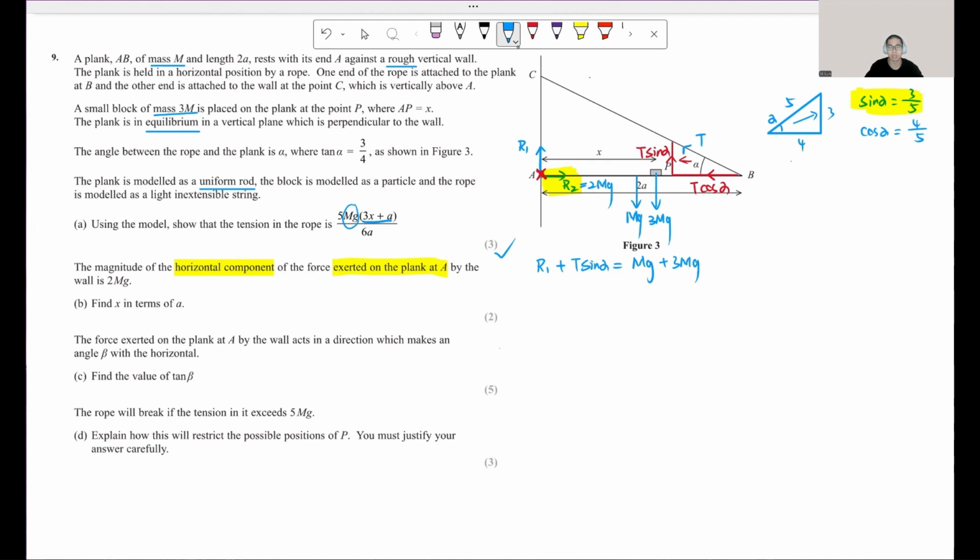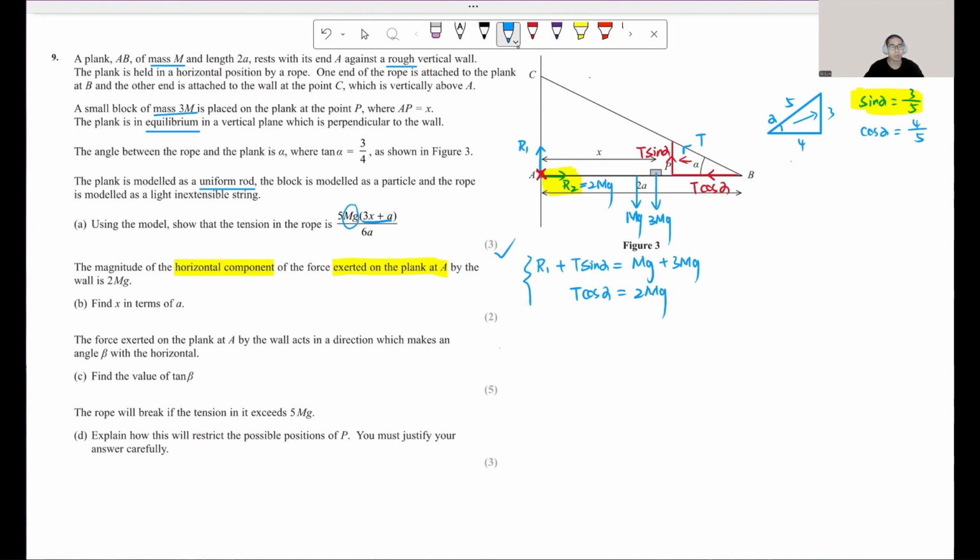So that would be the first equation. And then left equal to right. The force going left is T times cos alpha, and the force going right will be R2. We already know it's 2mg. So those are the two equations we're talking about.